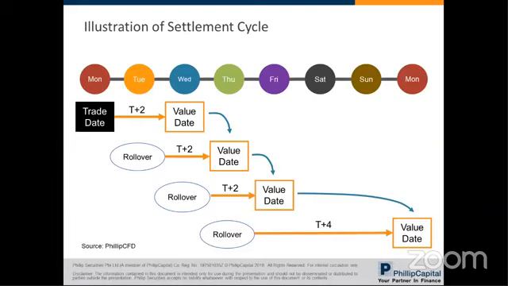Likewise, if you keep holding it over a period of time, the value date will keep rolling over and over. Once you go to Tuesday, you take another contract to hold your long position, and you keep rolling all the way until Monday.